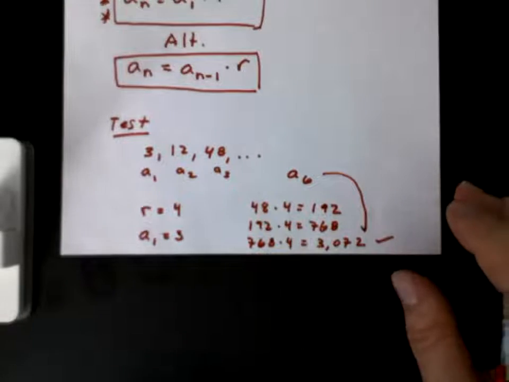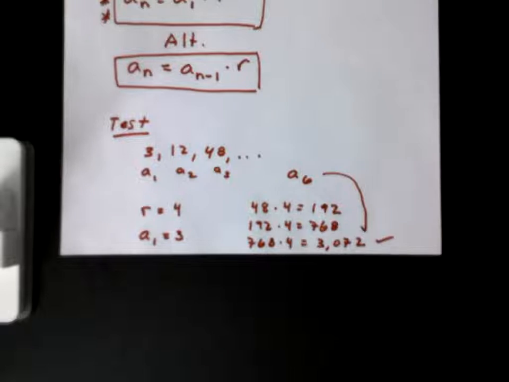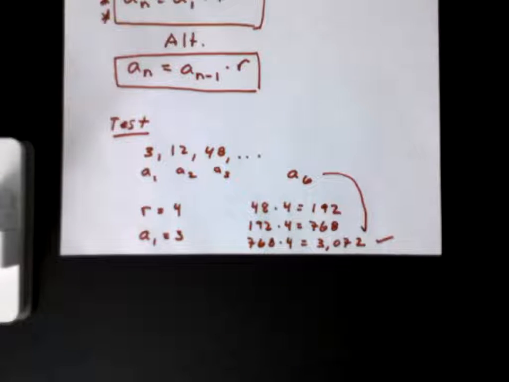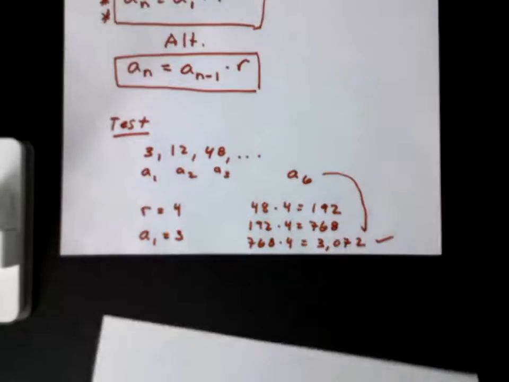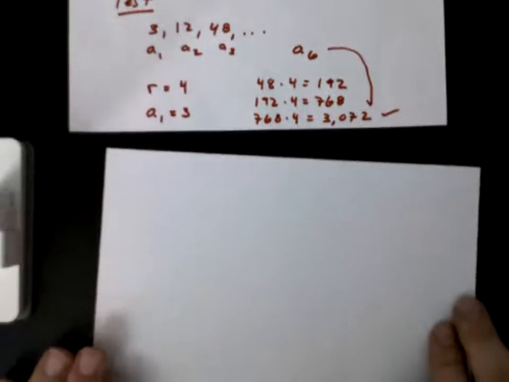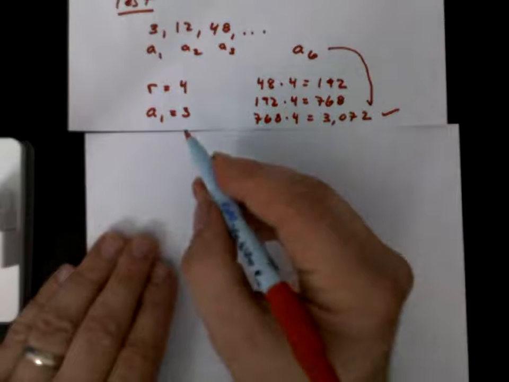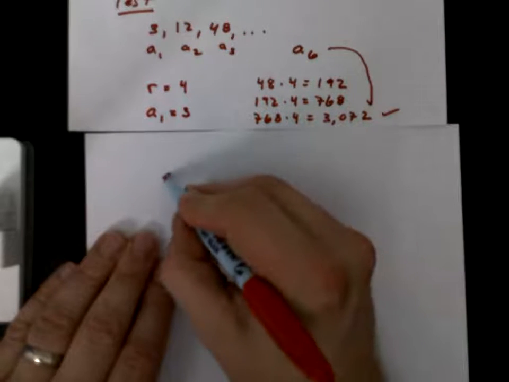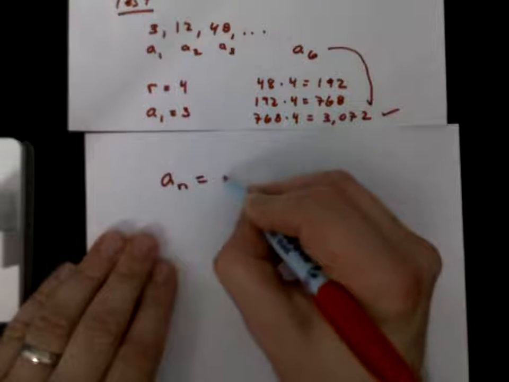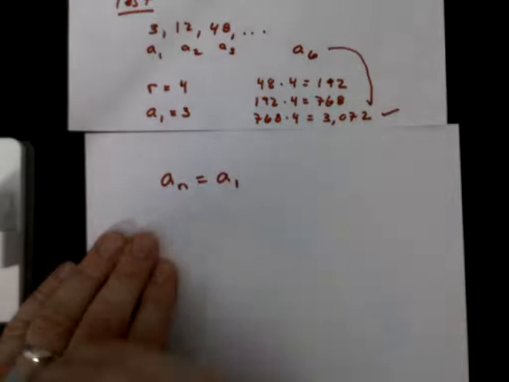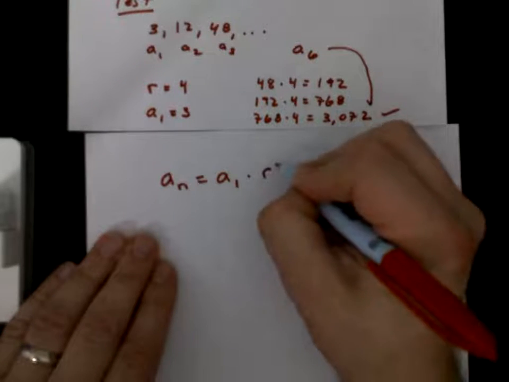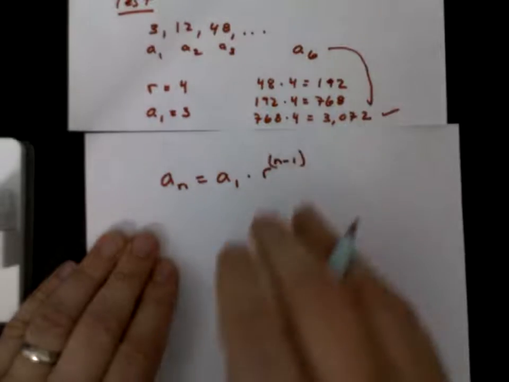Now, what I want to do is prove this to make sure that our formula is making sense, because we can do that. So remember, our formula that we need to change here is still a sub n equals a sub 1 times r to the n minus 1.